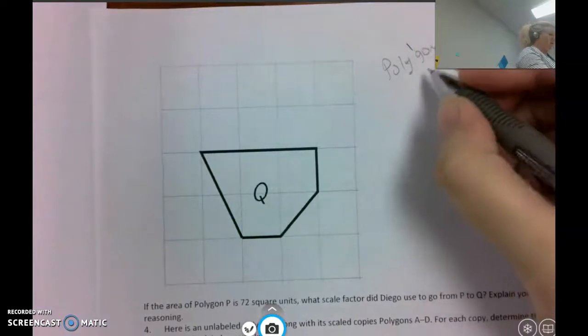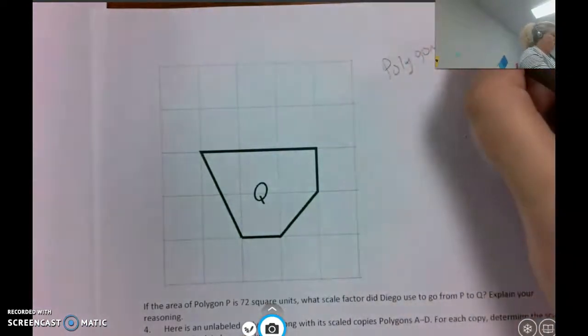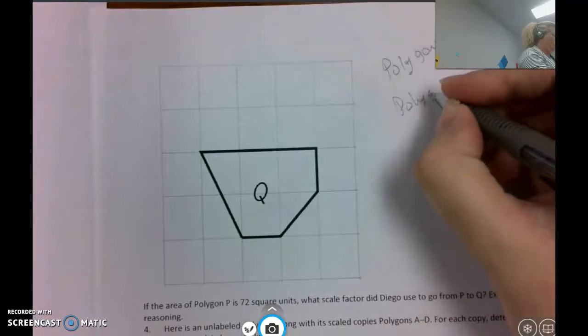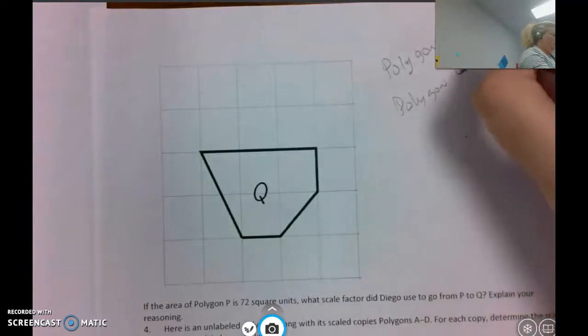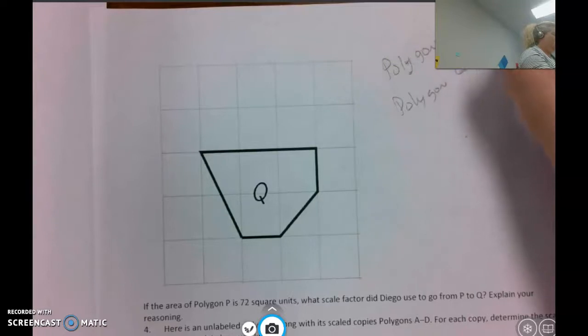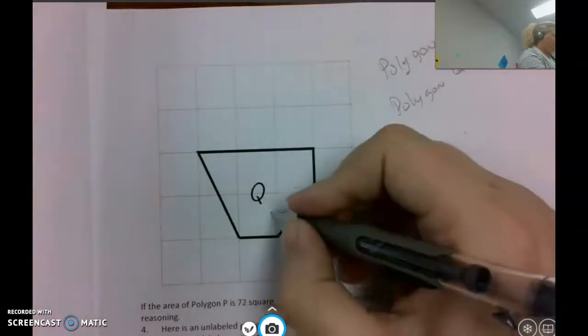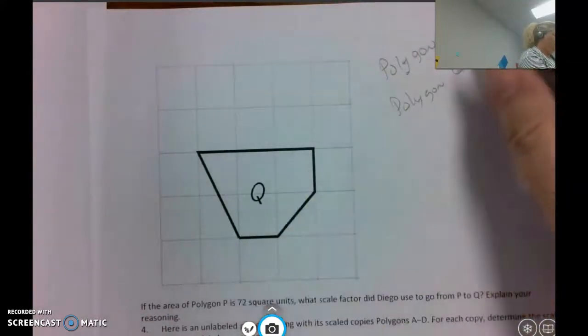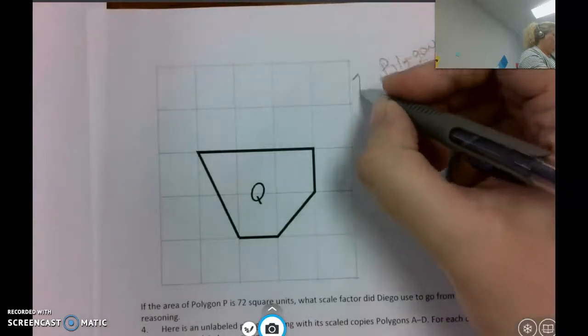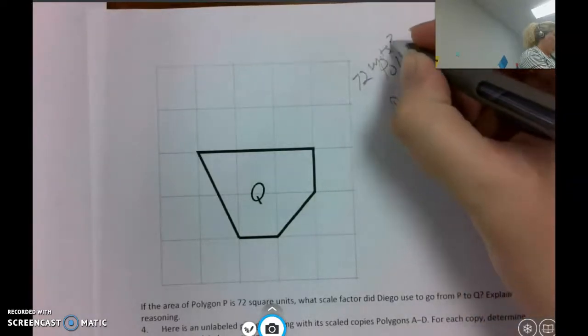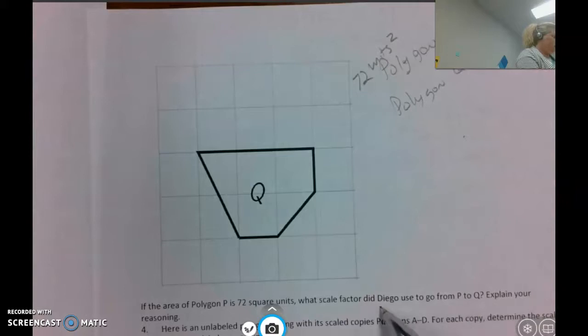Polygon P, and then we have polygon Q. So P was the original, and Q is the scaled copy. Now the area of polygon P is 72 units squared. So what scale factor did he use to go from P to Q?